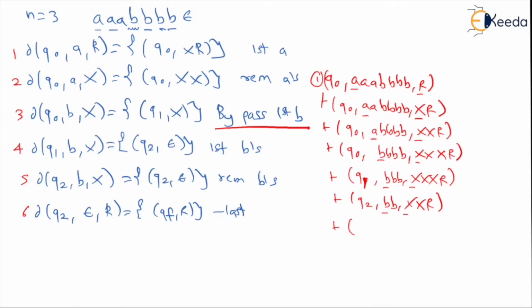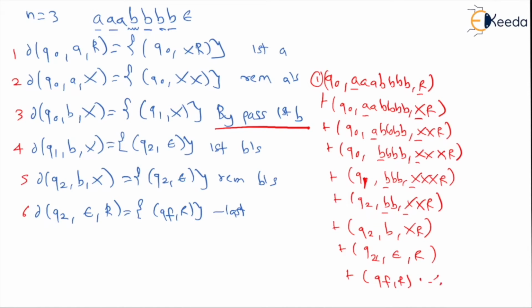I go to state q2 again, b left and xr. Then I'm in q2, I have b input, therefore I go to my state q2 again because it is a pop operation. Epsilon left on the input, x removed from the stack, and I have r. Lastly, q2 on epsilon when the stack top is r, using rule 6, goes to qf comma r.